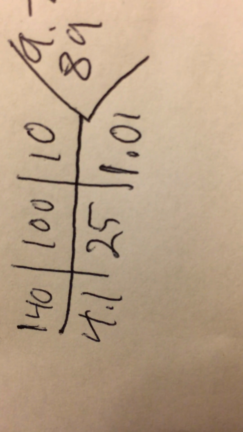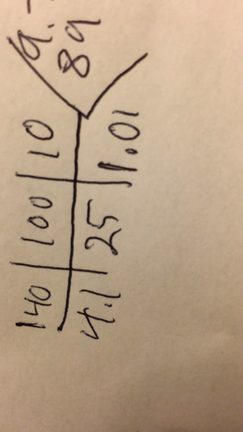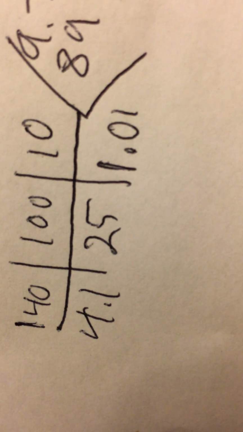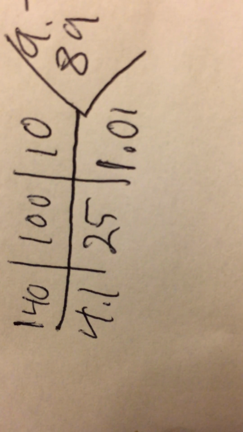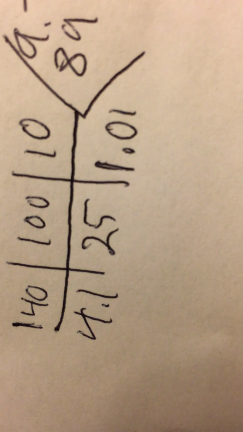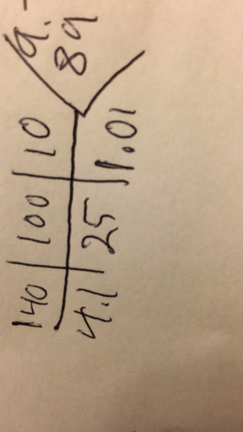No mag. Okay. Well, the normal range for mag is usually going to be like 1.2 to 2.3, somewhere in that.